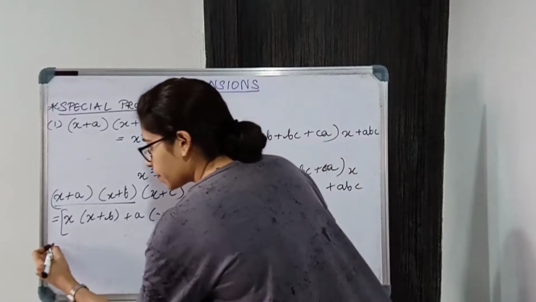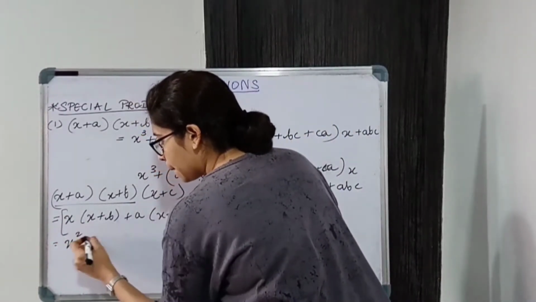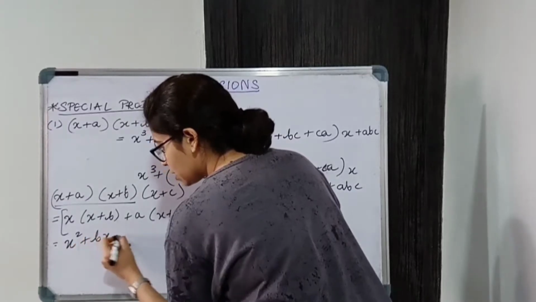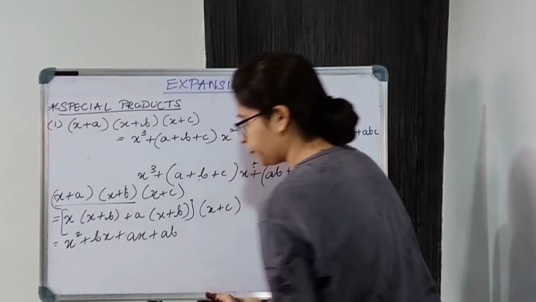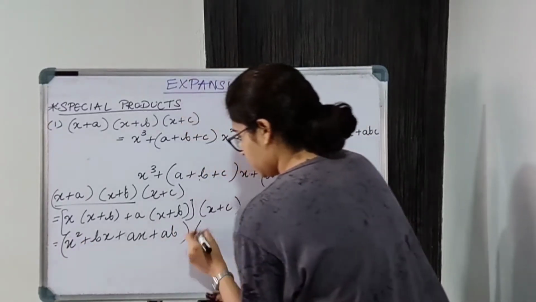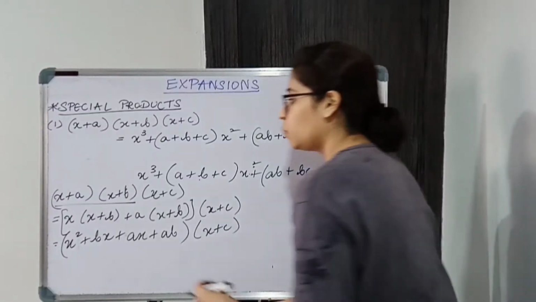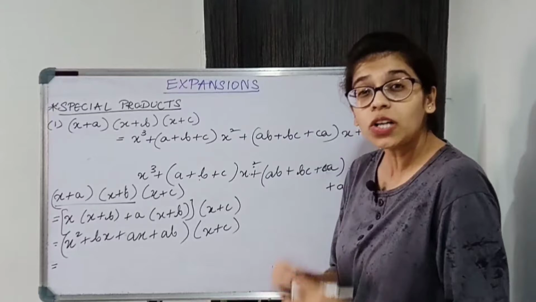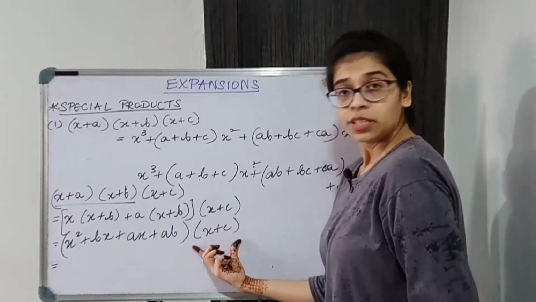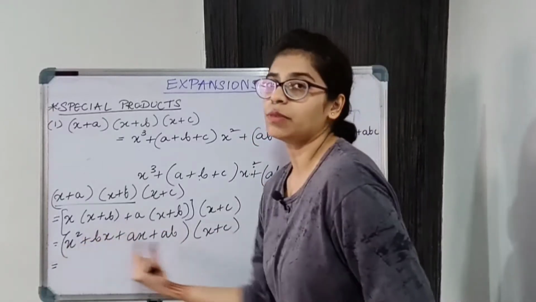Now X into X gives X square, B into X gives BX, A into X, AX, and A into B, AB, into X plus C. Now we'll multiply each and every term with the second bracket, or an easy way, open the second bracket and multiply X with this bracket and C with this bracket.